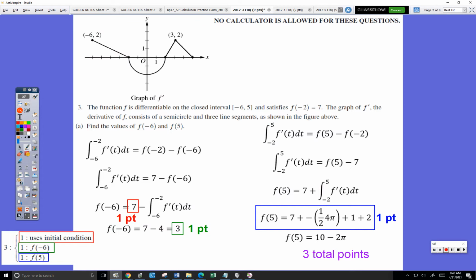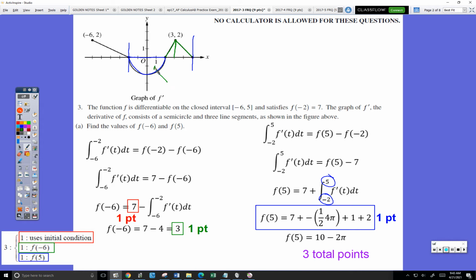So this integral starts at x equal negative 2 to x equal 5. Therefore, this area here will be counted negatively, and the area here will be counted positively.